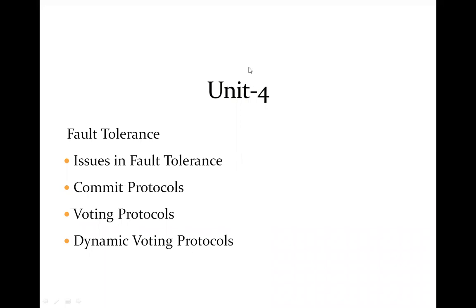So to avoid this kind of fault and make the system fault tolerant, we have two types of protocol. One is the commit protocol and the other is the voting protocol. The commit protocol implements well-defined behavior in case of failure, and the voting protocol is used to mask the failures obtained in the system.